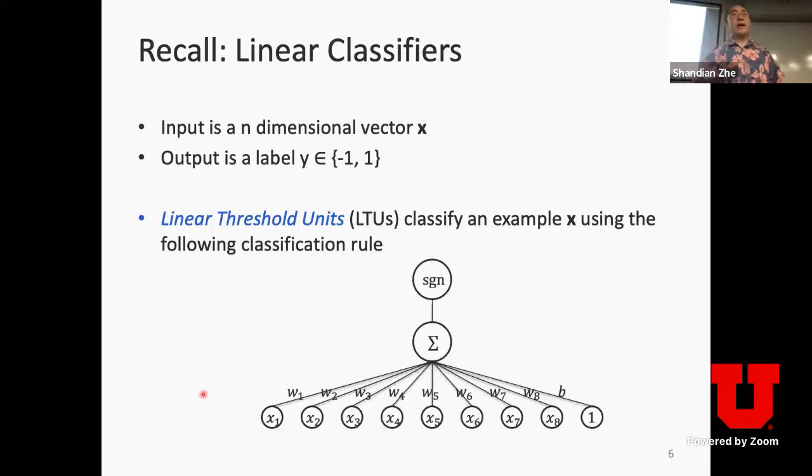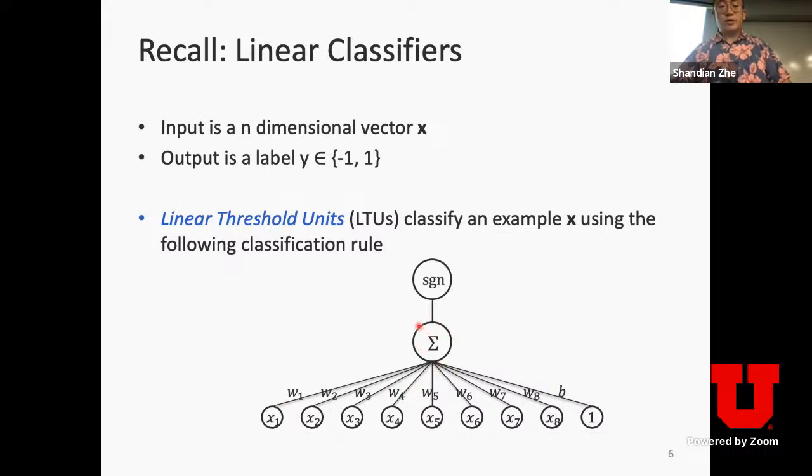Graphically, this classification procedure can be represented as a basic block. You have your input features x1, x2, up to xn, and some constant feature 1, and then through w1, w2 to wn, and also the bias parameter b, you multiply those features and aggregate them in an intermediate node.